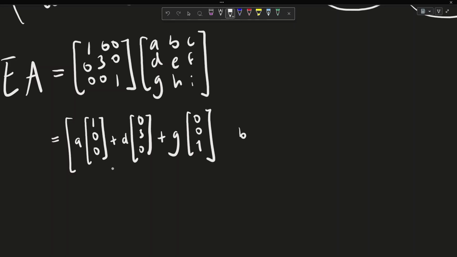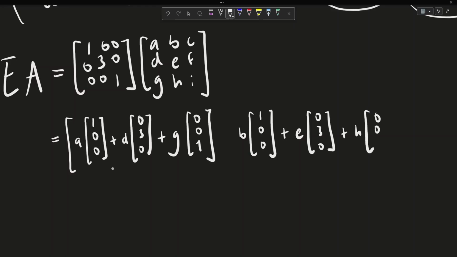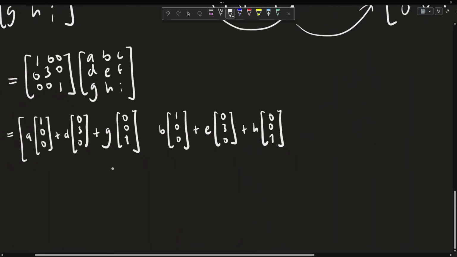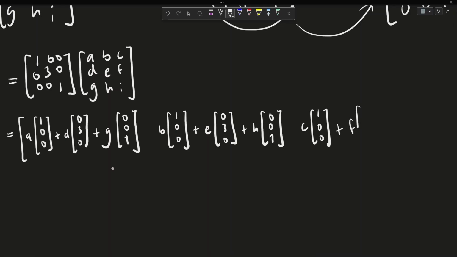Find B 1, 0, 0 plus E 0, 3, 0 plus H 0, 0, 1 is the second column. We find C 1, 0, 0 plus F 0, 3, 0 plus I 0, 0, 1 is the third column.